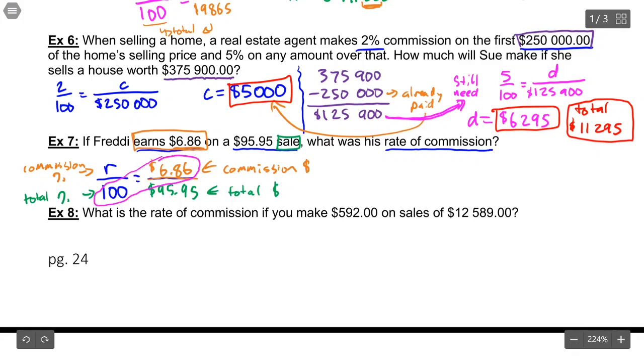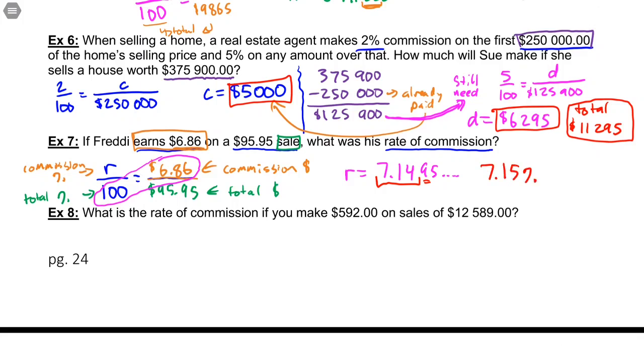So 686 times 100 divided by 95.95 gives us R equals 7.1495 and so on. And just sort of looking at this, the natural place to round this is probably right here, right? Because since that's a 9, it's actually really close to 7.15%. If you rounded that at 7.1, though, that would be okay.